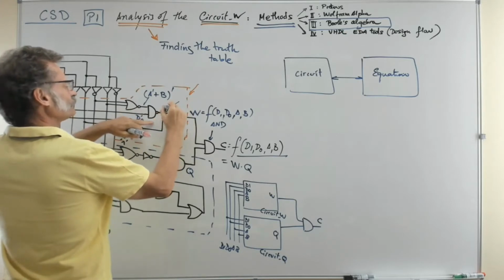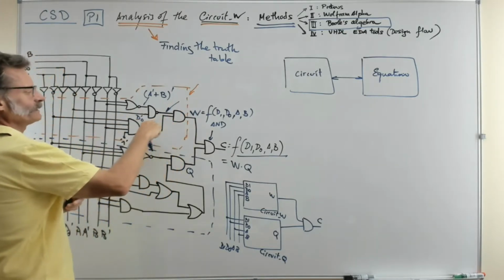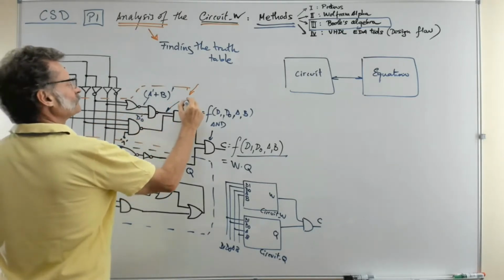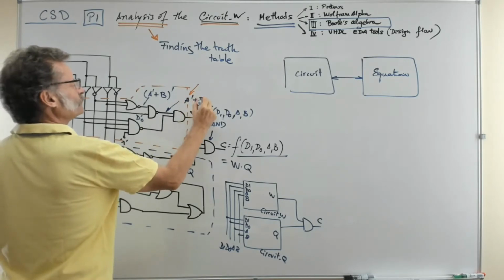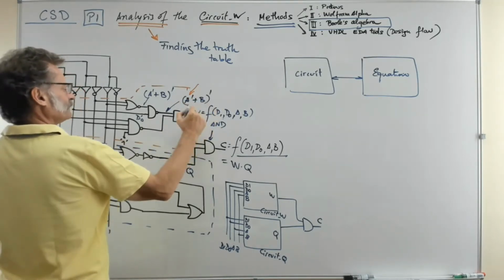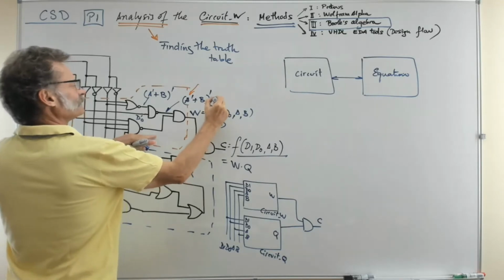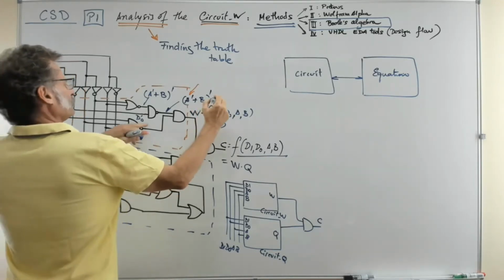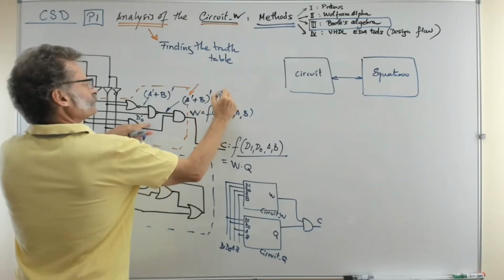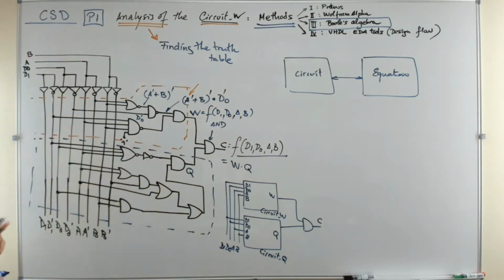So the output of this NAND, all right, is nothing but A naught or B naught, and now and the D0 naught. That's the output of this gate.